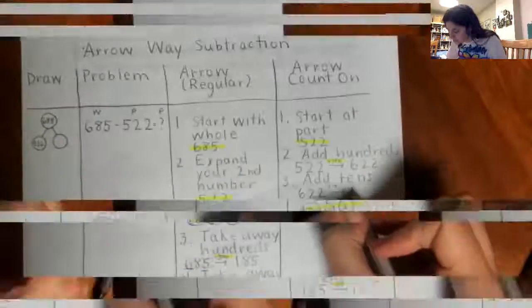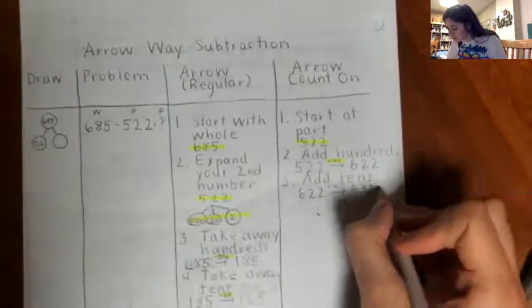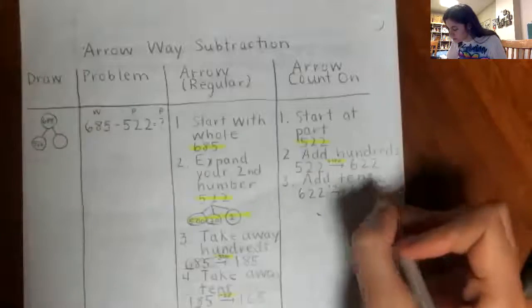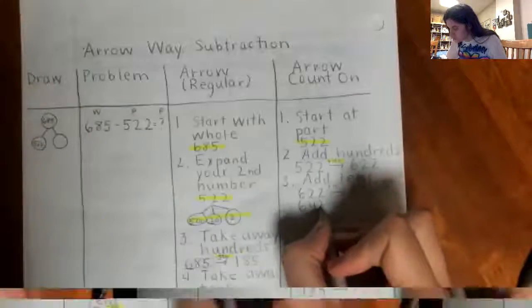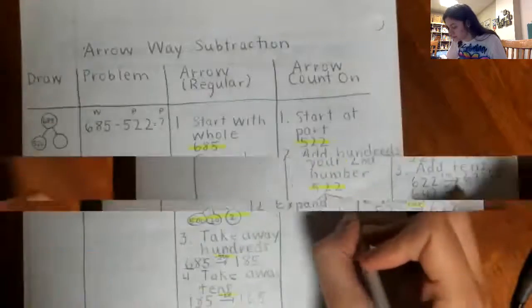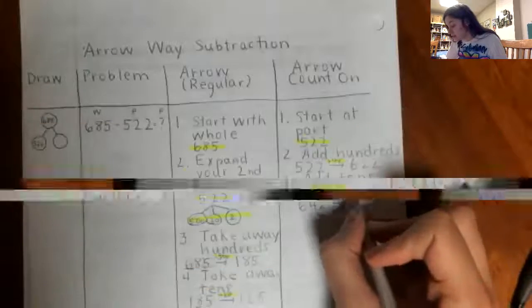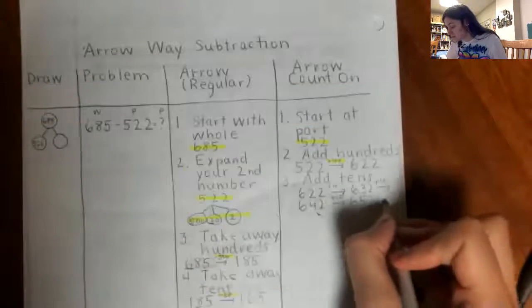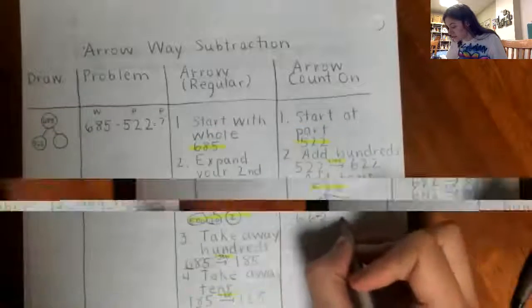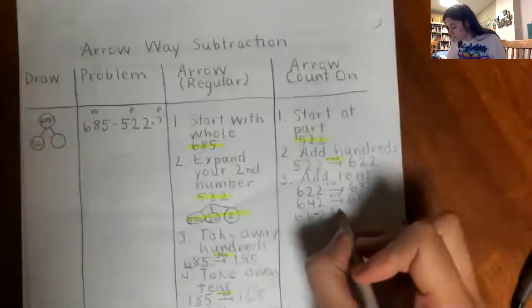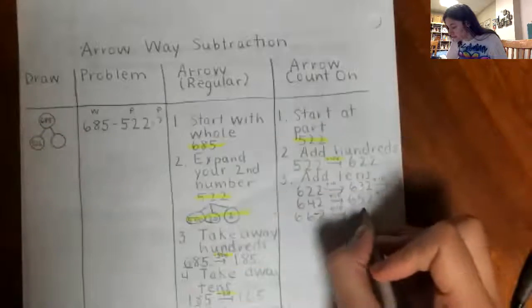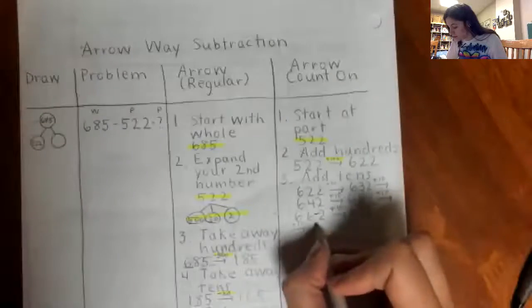So I'm going to add 10, 632, 10 more, 642, 10 more, 652, 10 more, 662, 10 more, 672, 10 more, 682.